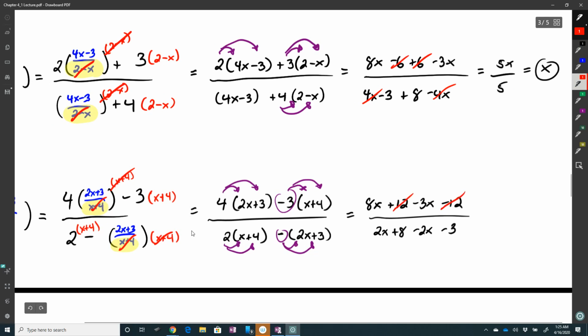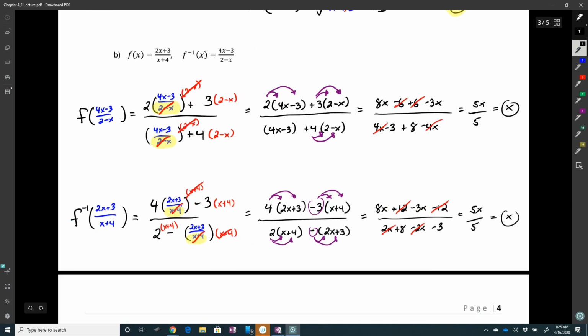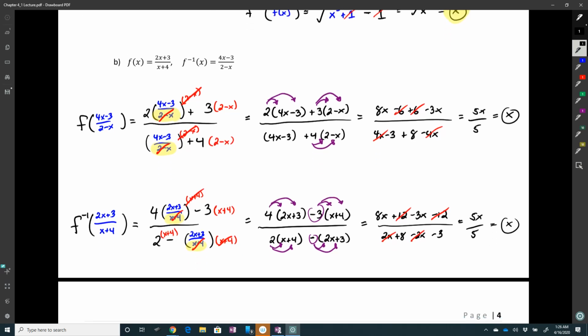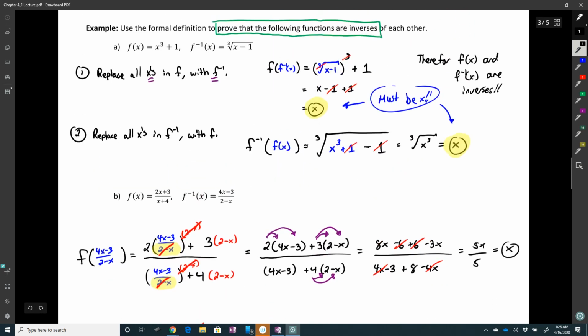The 12 minus 12 cancel, 2x minus 2x cancel, and you're left with 5x over 5 again. Okay, so it seems kind of annoying. You might ask, why do I have to do it both ways? Well, that's just the proper way to do it. To formally prove it, you have to show it both ways. You plug them into each other, and you want to get x at the end.